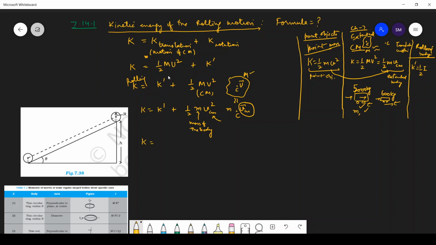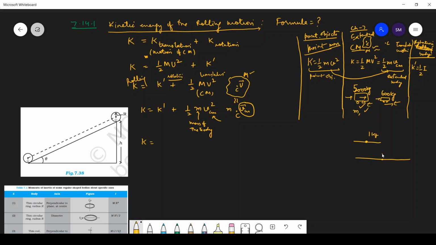So rolling is rotation and translation. Let us write for rotation here, not rolling. So the kinetic energy due to rotational motion will be... what role does it play? I want to rotate this rod. Suppose one rod has mass 1 kg and another has mass 5 kg.